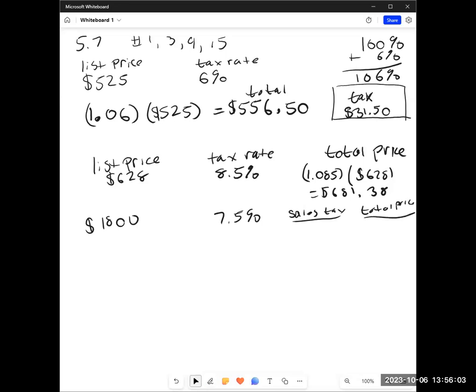So let's find the sales tax first. 7.5% times 1,800, and I get $135. I need to add that $135 to the $1,800 to get $1,935.